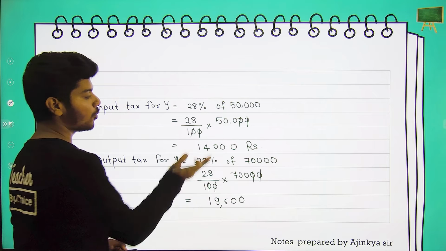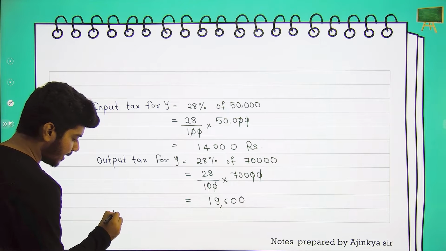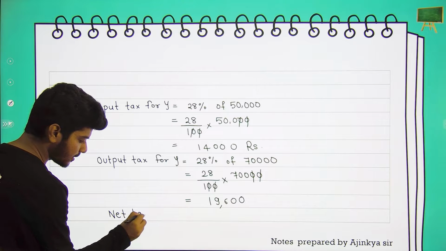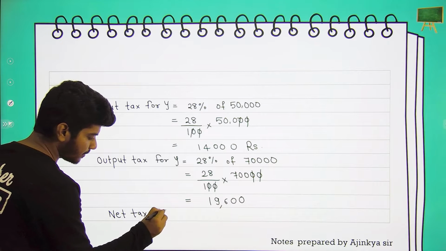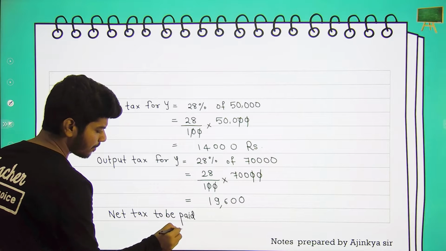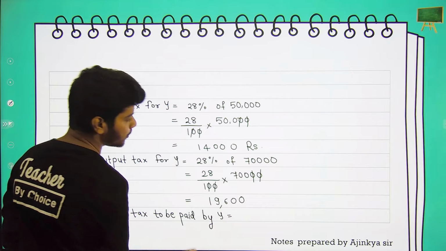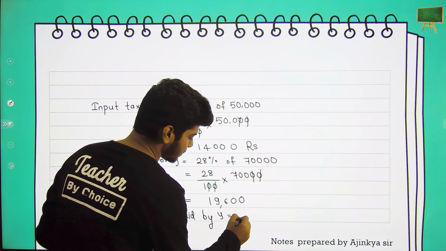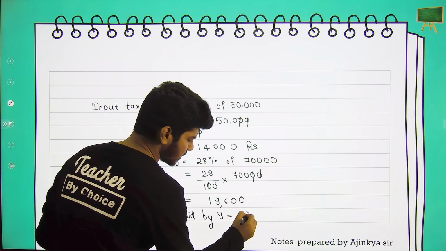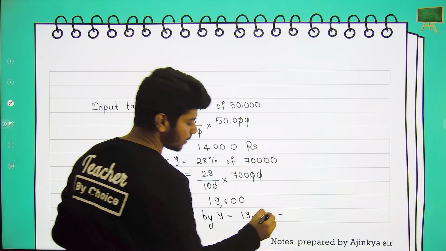So we will do output minus input to get the net tax payable. Net tax to be paid by Y will be equal to 19,600 minus this 14,000.